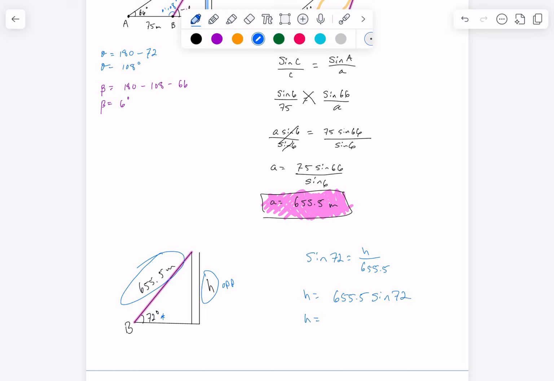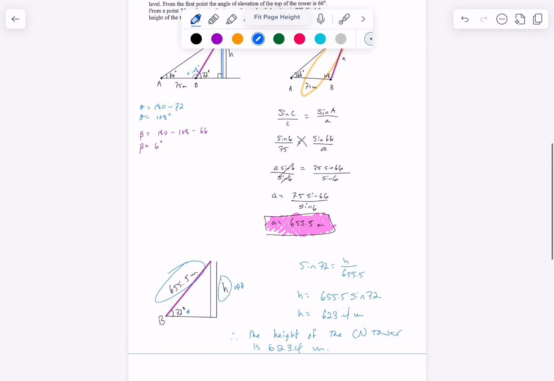And so h is going to equal 655.5 sine 72 is going to be 623.4 meters. So you say, therefore, the height of the CN tower is 623.4 meters. Okay, so that's it.